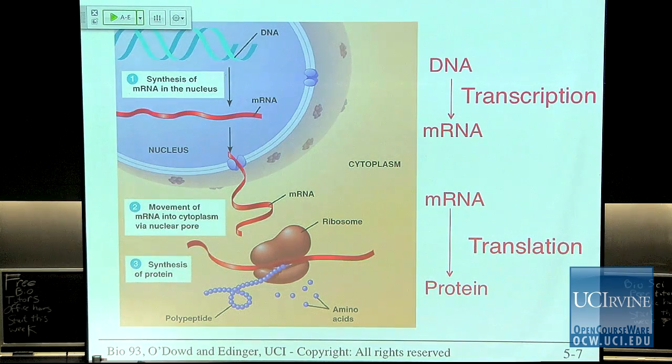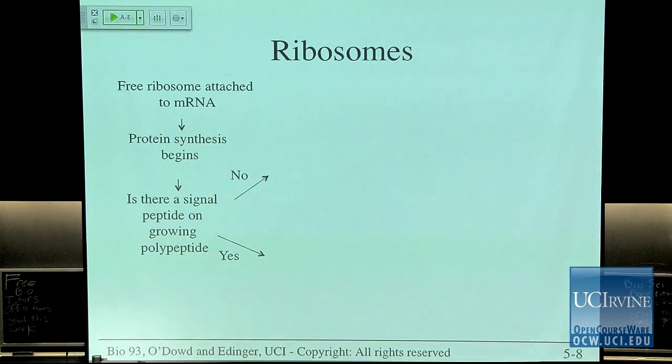Okay, so now we're out here, and what I want to do is go through and complete this flow chart to help you understand how this process occurs. You have a partially complete flow chart in your notes, so you can complete this with me. All right, so our mRNA comes out of the nuclear pore into the cytoplasm, and it binds to a ribosome.